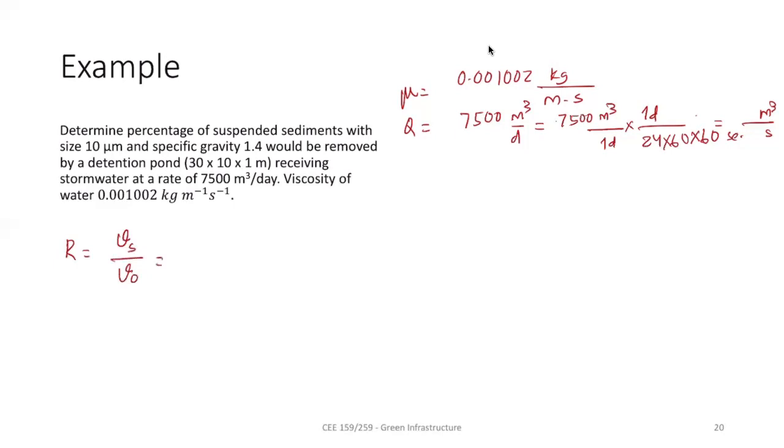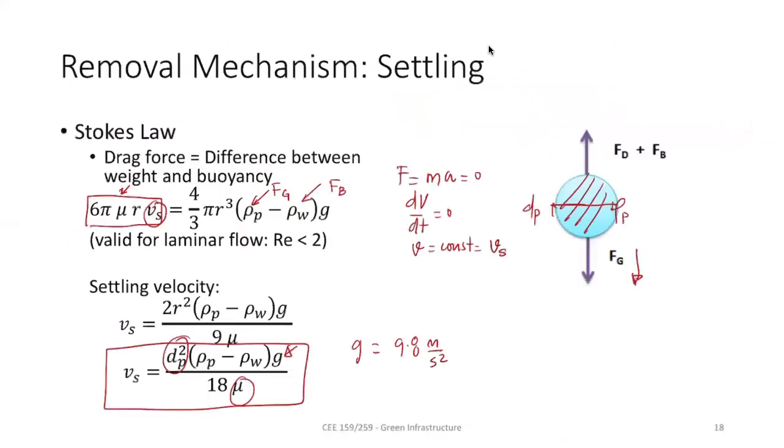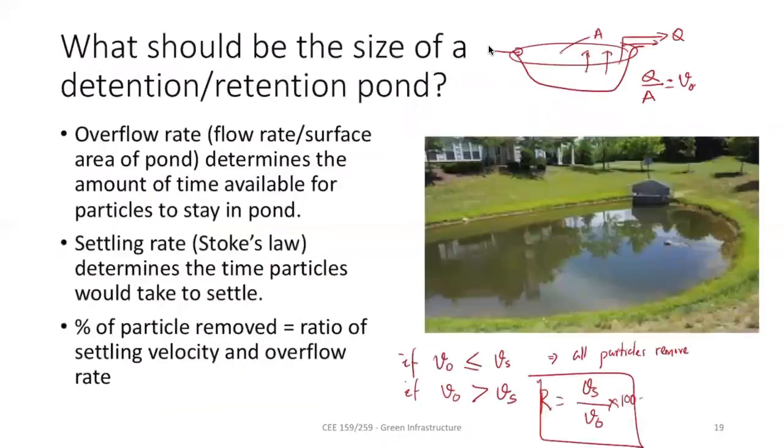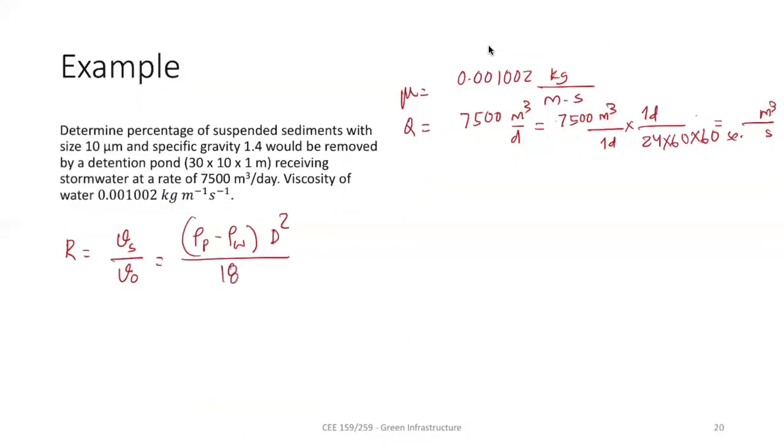And settling velocity, you know, by Stokes' law, which is density of particles minus density of water, times d square, then divided by 18 mu, times g. That is divided by the velocity of overflow rate, which will be Q over area.